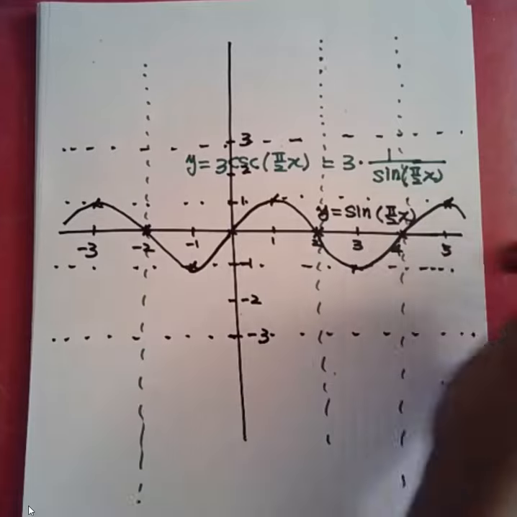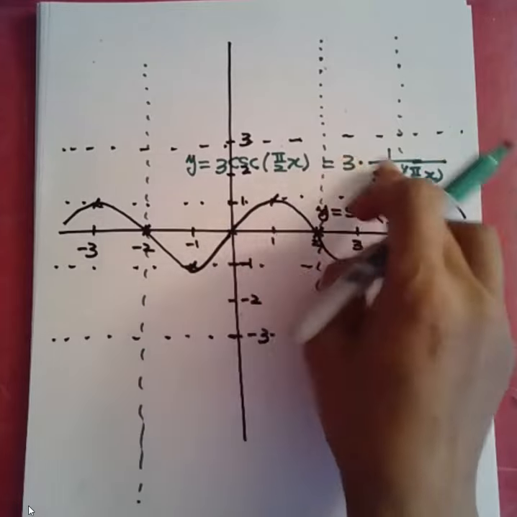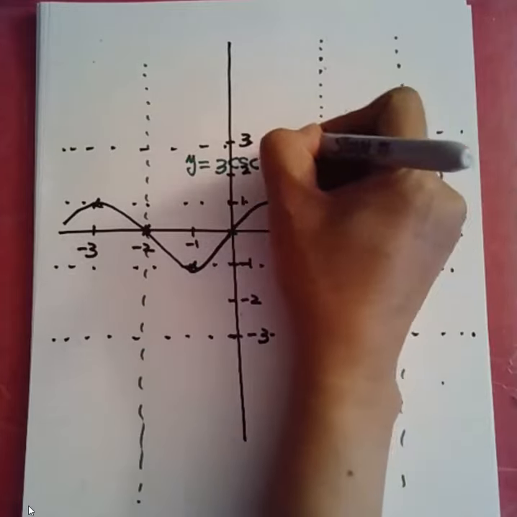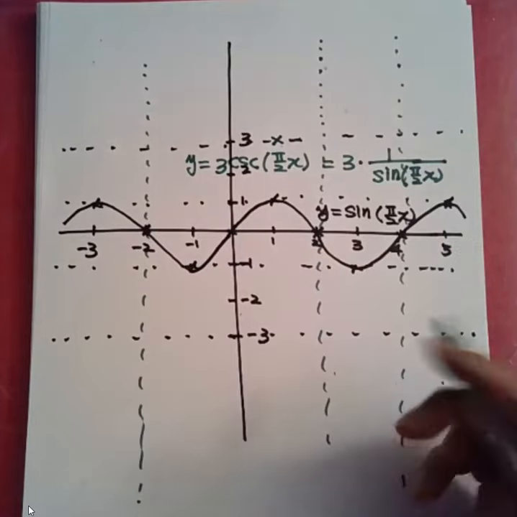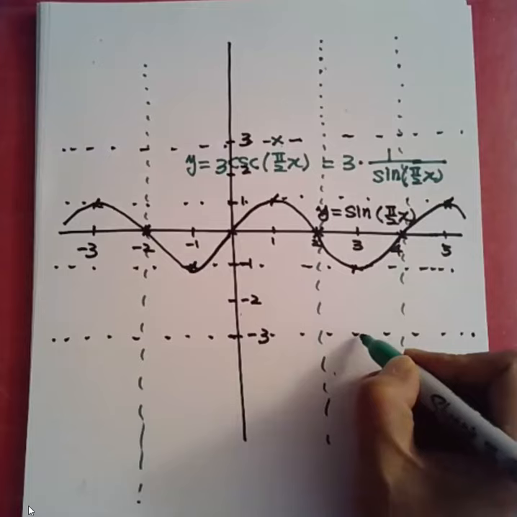I said 1 times 3 will make 3, and minus 1 times 3 will make minus 3, and so on.